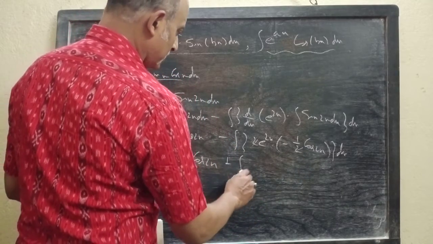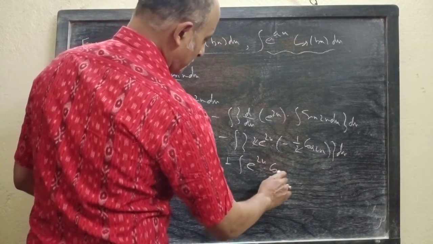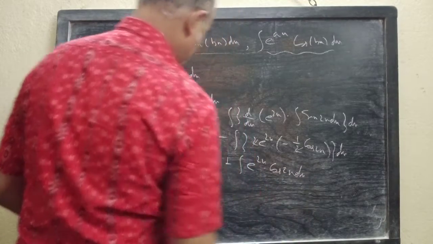This is plus integration e to the power 2x cos 2x dx.